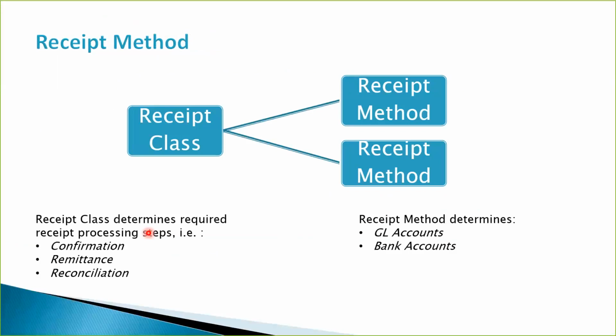So we are going to look at how to create receipt class and receipt method in this session, and we are going to see how to enter each of these things, okay?